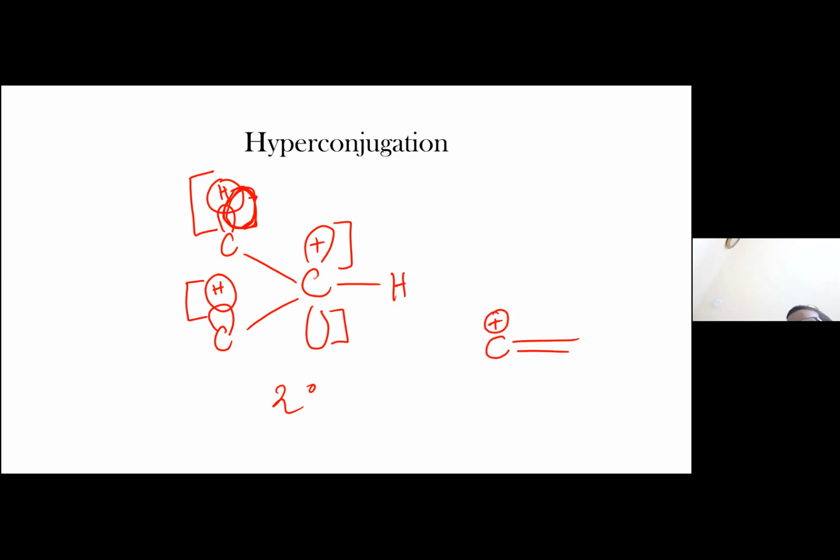And this one, as a spoiler alert, is going to be the least stable carbocation. I know we've talked about how primary carbocations are super unstable. Well, this one is even more unstable than a primary carbocation. The reason is that there's no orbital overlap between those adjacent alkyl groups. If you want to learn more about it, please stay after lecture and we can talk about it.